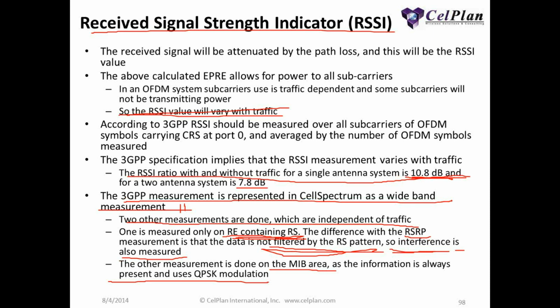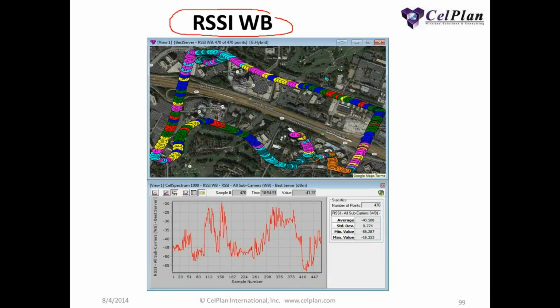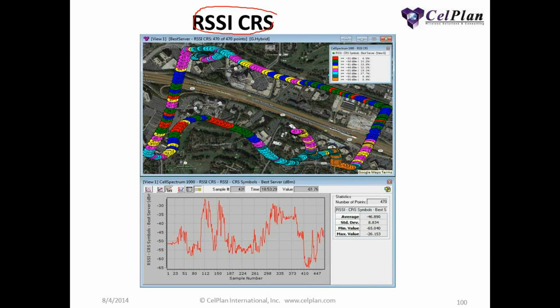Here we show the wideband RSSI along the route. The average here is minus, I believe, 40 dBm, yes, and we have a standard deviation of 8. Now, if we measure this same RSSI only on the CRSs, the average is minus 46.